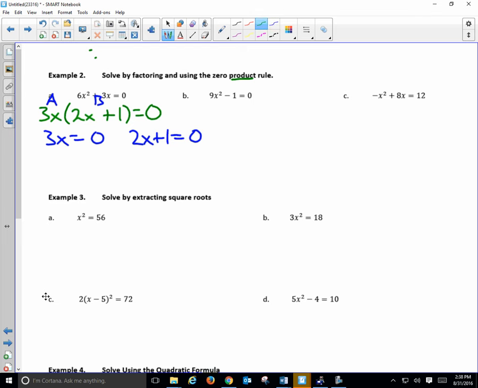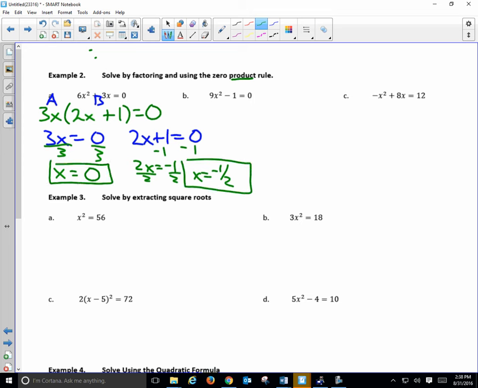Let's find them. How do you solve this? Divide by 3. What is 0 over 3? 0. How do you solve this? Subtract the 1. 2x is equal to negative 1. Divide by 2. X is negative 1/2. You have found your 2 solutions.